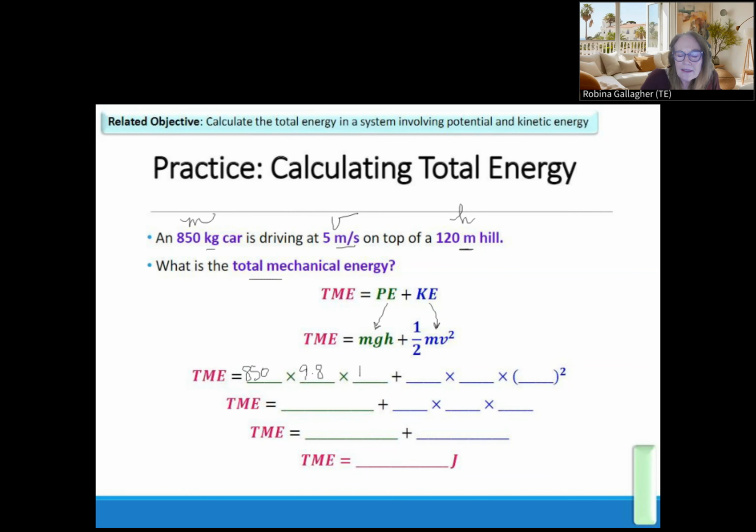Height is 120, okay? And then that's my potential energy, and I'm going to add the kinetic energy. Remember, we use the decimal equivalent of 1/2. Mass, again, is 850. And then our velocity from our word problem is 5 meters per second.